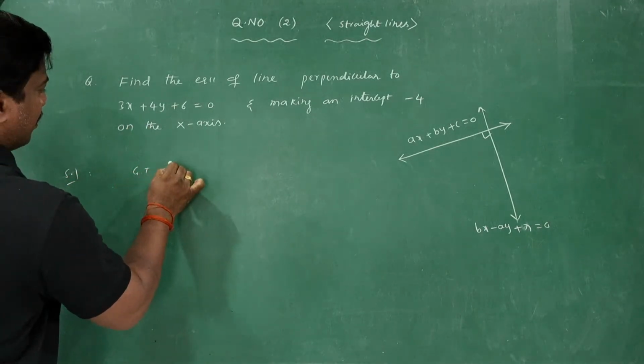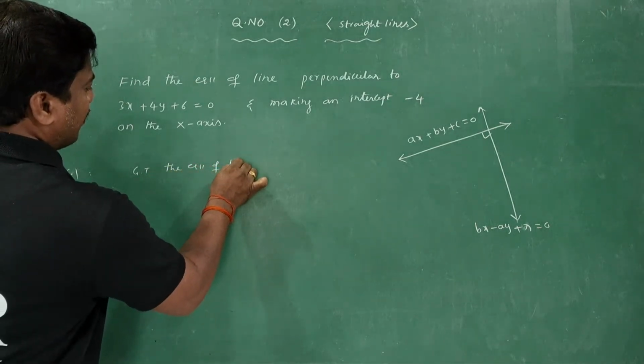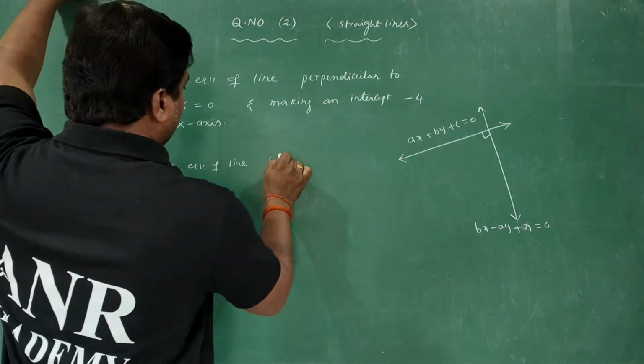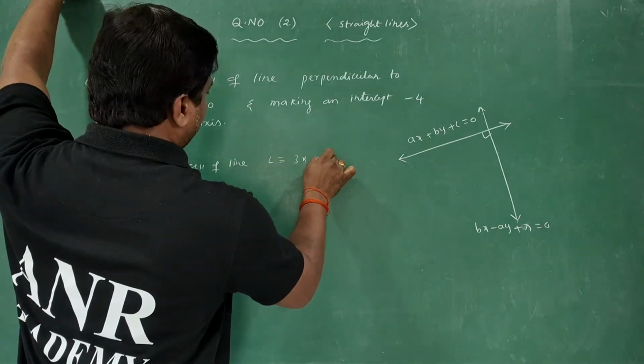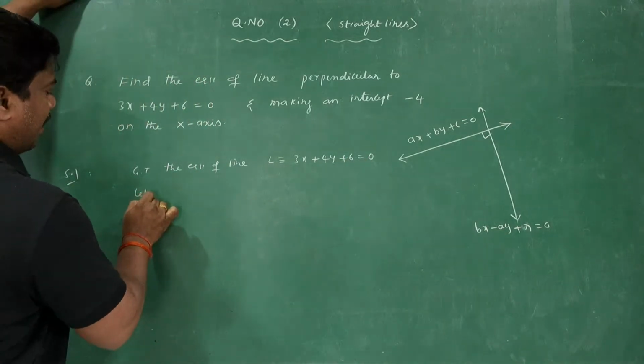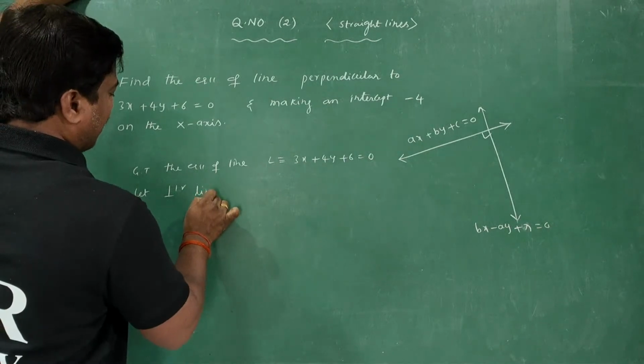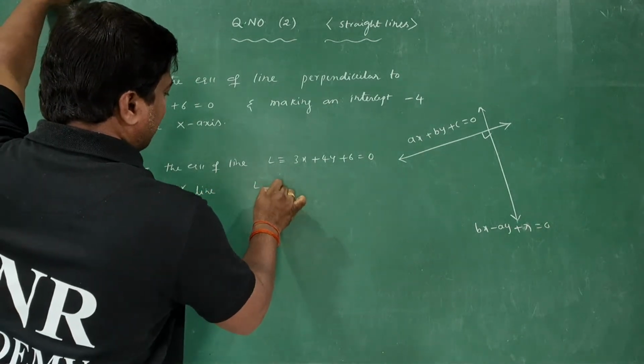Given the equation of line L, that is 3x plus 4y plus 6 equal to 0, let us consider the perpendicular line L2.